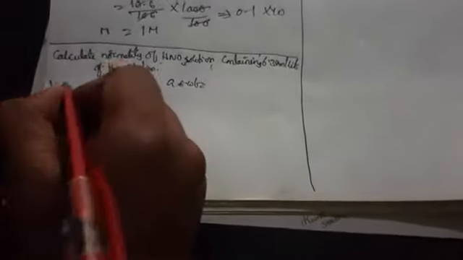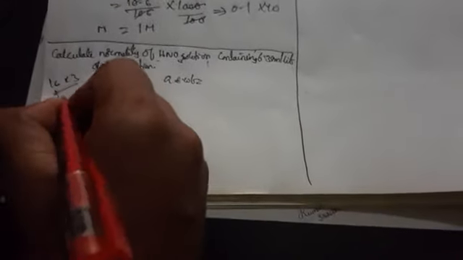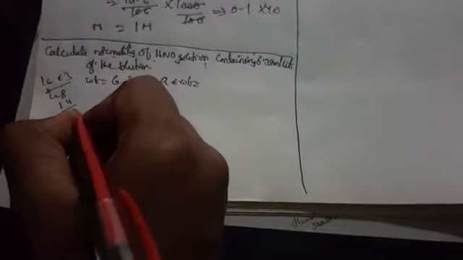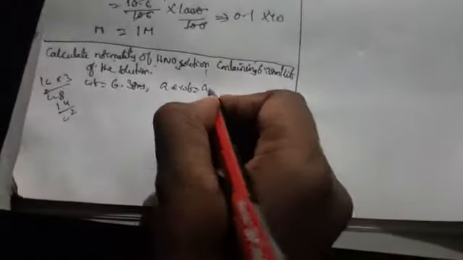For HNO3, oxygen is 16, nitrogen 14, hydrogen 1. 3 into 16 is 48, plus nitrogen 14, plus 1, is 63. How do we find it?